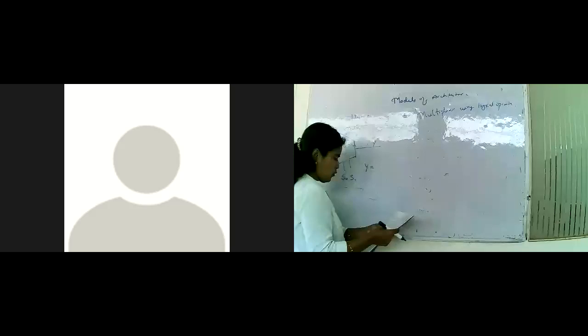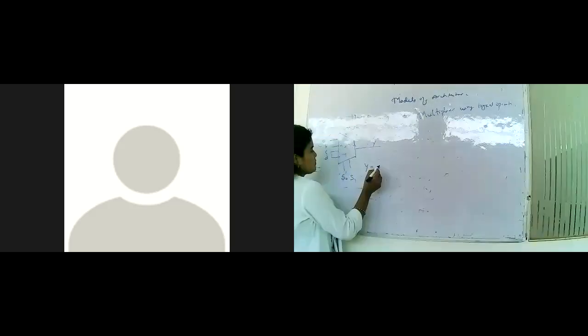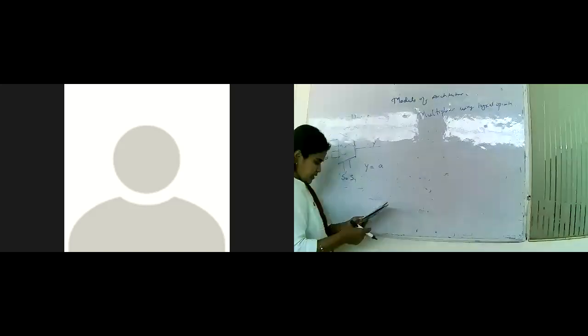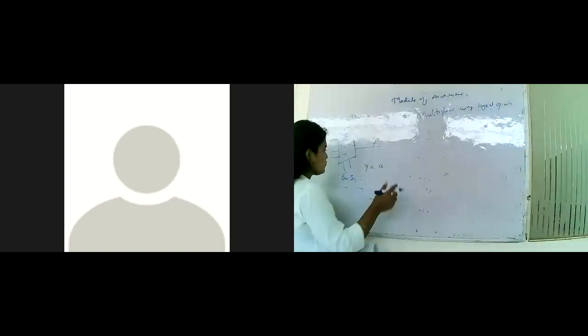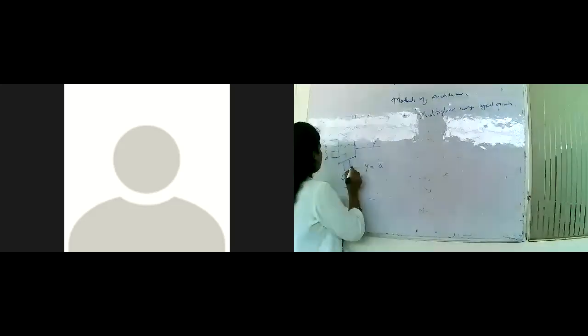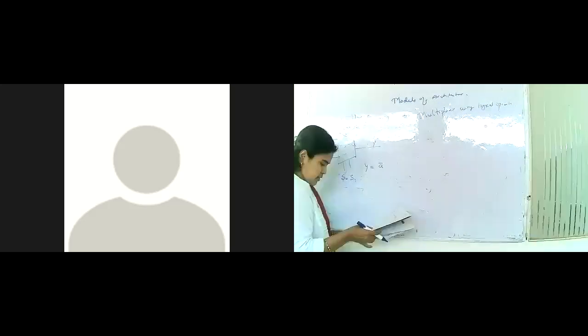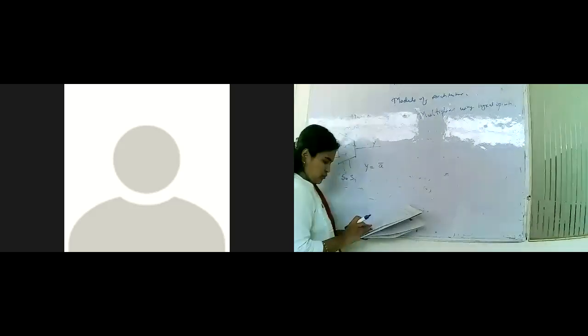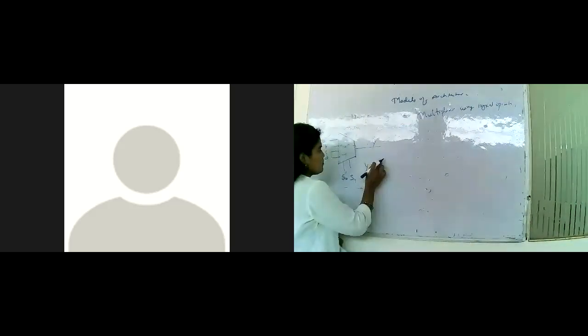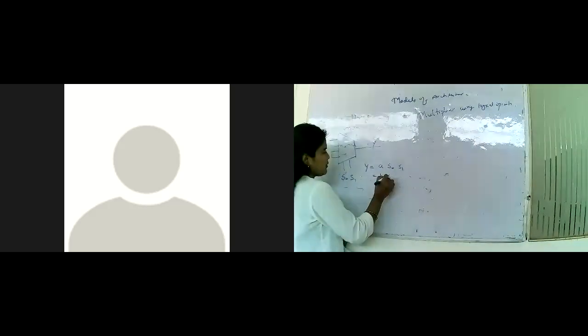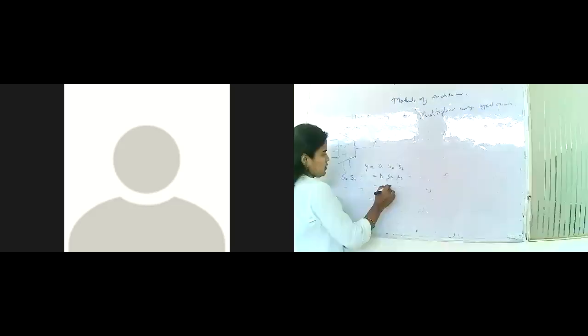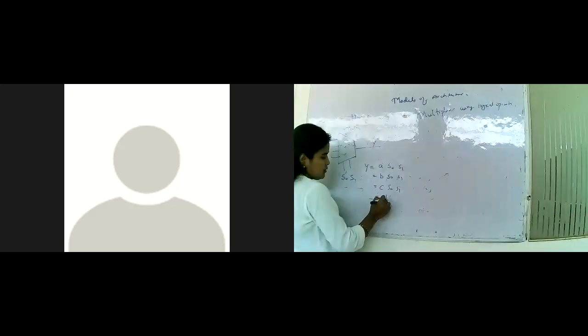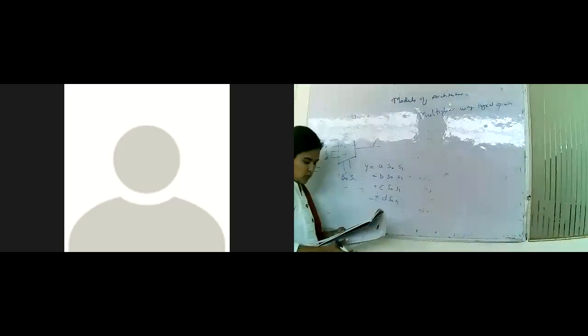So how do we write the output here? Y is equal to A, B, C, D, right? Then how do we write this? It may be A with S0 and S1, B with S0 and S1, C with S0 and S1, D with S0 and S1.